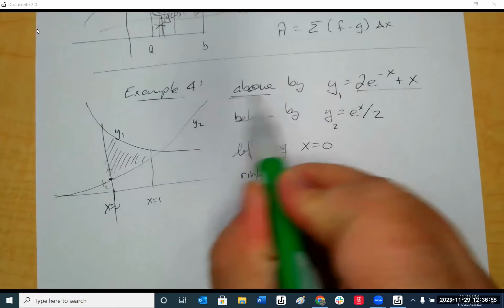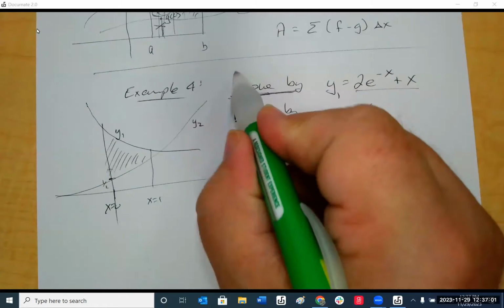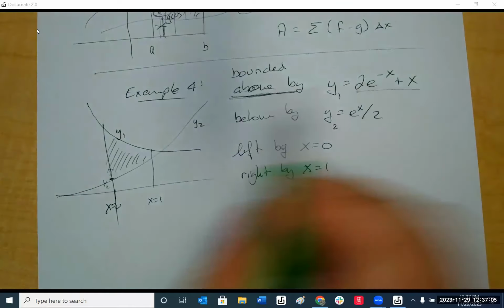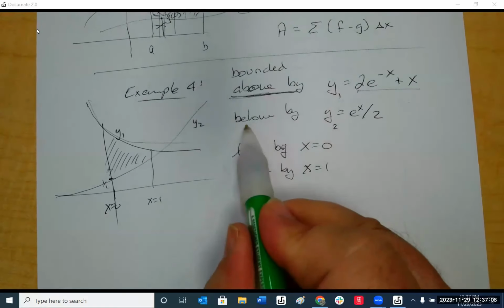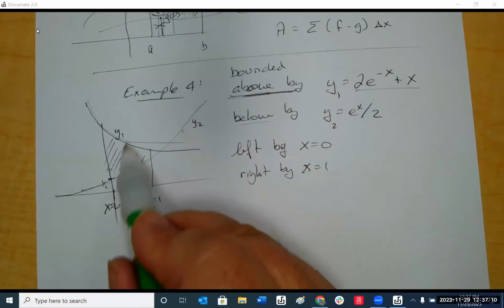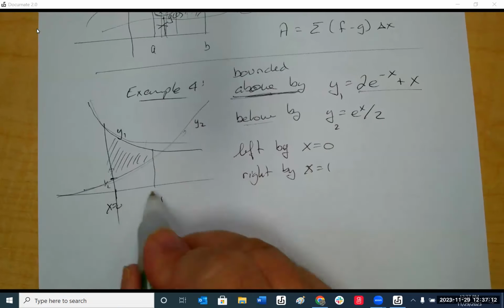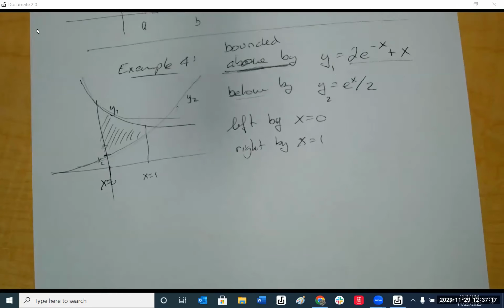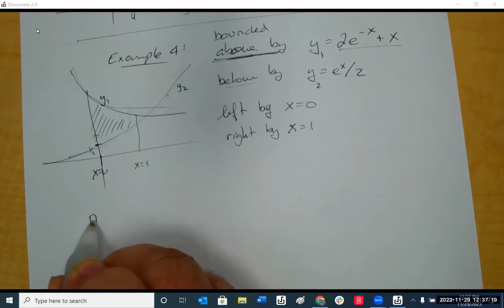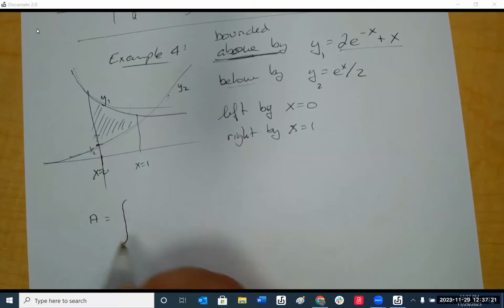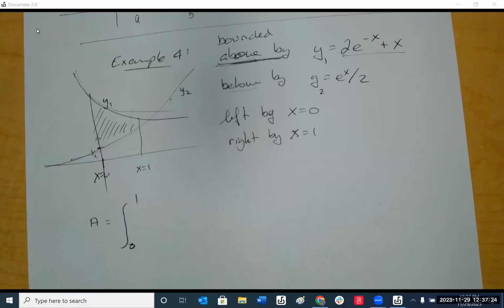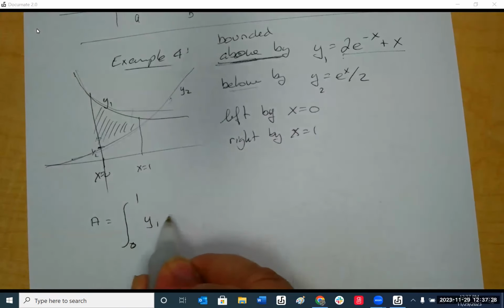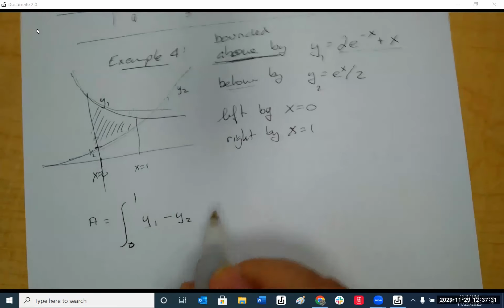It's bounded above by this function, so that's the top equation, and bounded below by this equation, so it has to be between those two, from 0 to 1. I'm only looking for that area. So the total area I'm looking for from 0 to 1 is I'm going to take y1 minus y2.